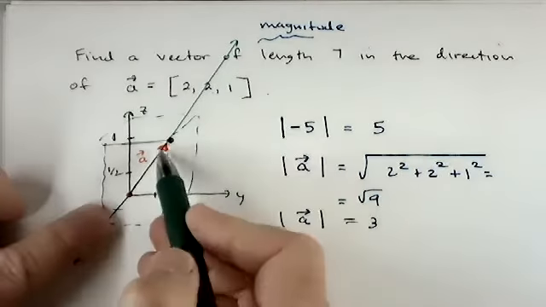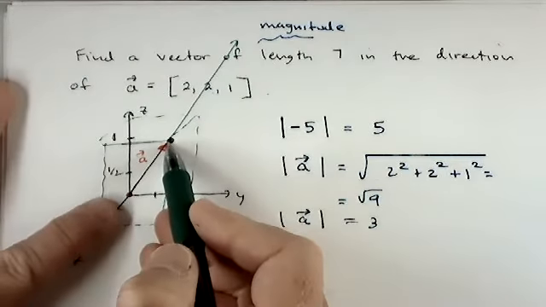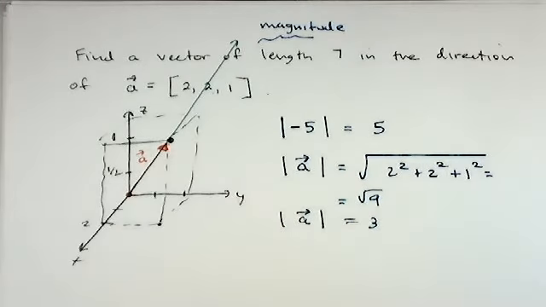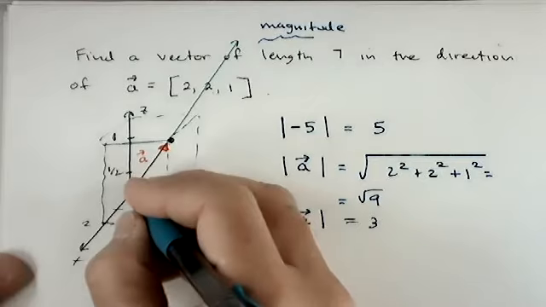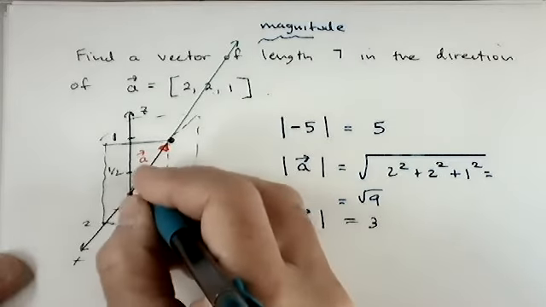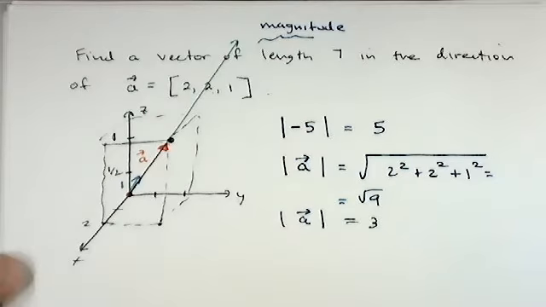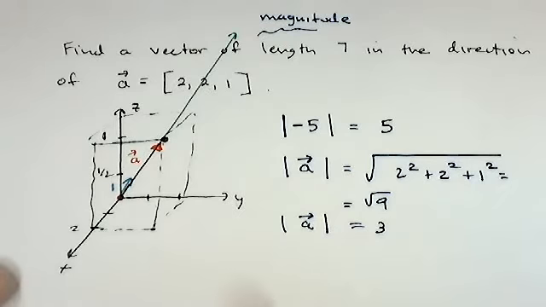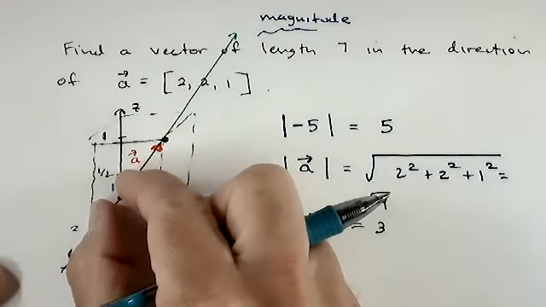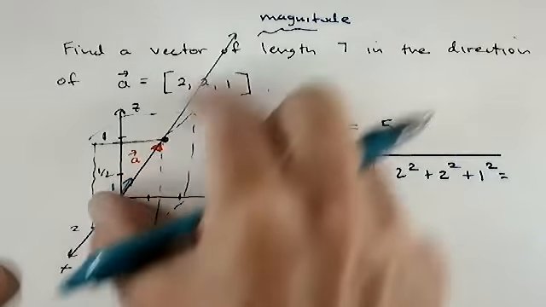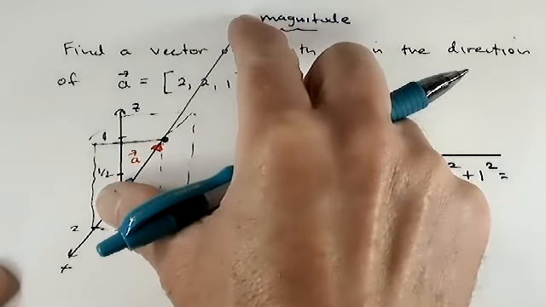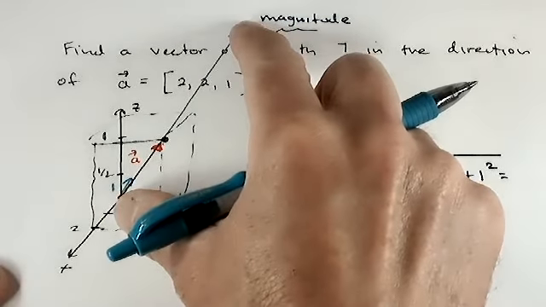How I'm going to find this vector is I'm first going to find a unit vector in the direction of A. And remember, all a unit vector is a vector that's pointing in the same direction as A, but only has length 1. So I'm going to effectively shorten down my vector A to length 1, and then I'm going to multiply it by 7 so that it has the correct length.